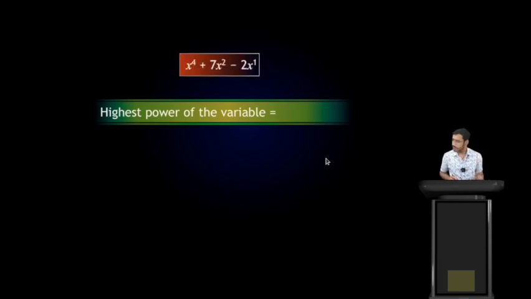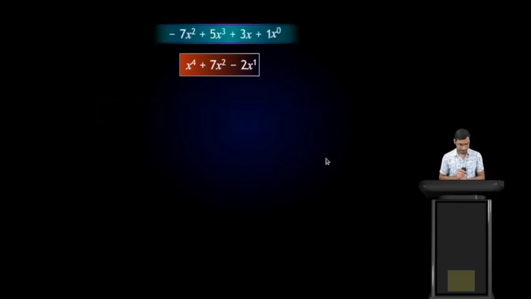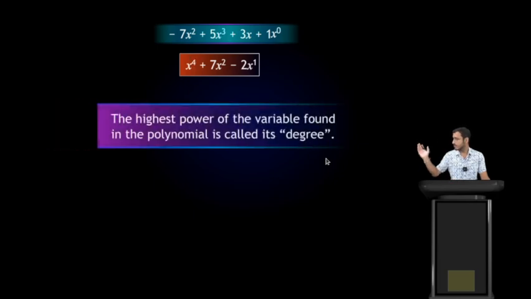Now x to the power 4 plus 7x square minus 2x to the power 1, that is 1. We have one more polynomial here. Can you tell me the highest power of the variable? Yes, correct, the highest power of the variable is 4 here. So the highest power in the first polynomial is 3, and in the second polynomial it is 4.